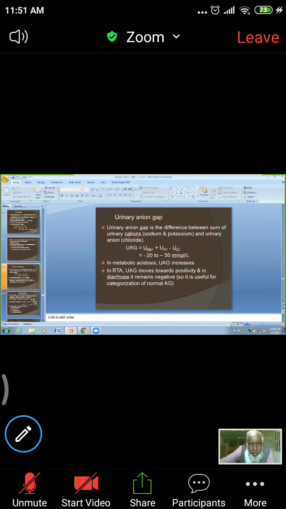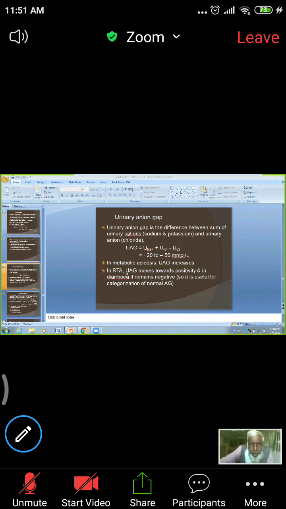The normal urinary anion gap is minus 22 to minus 50 millimole per liter. In metabolic acidosis, urinary anion gap increases.